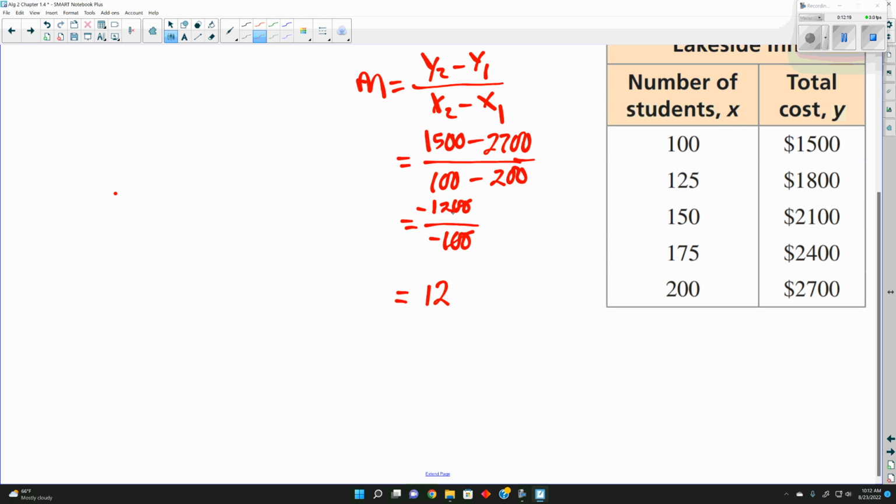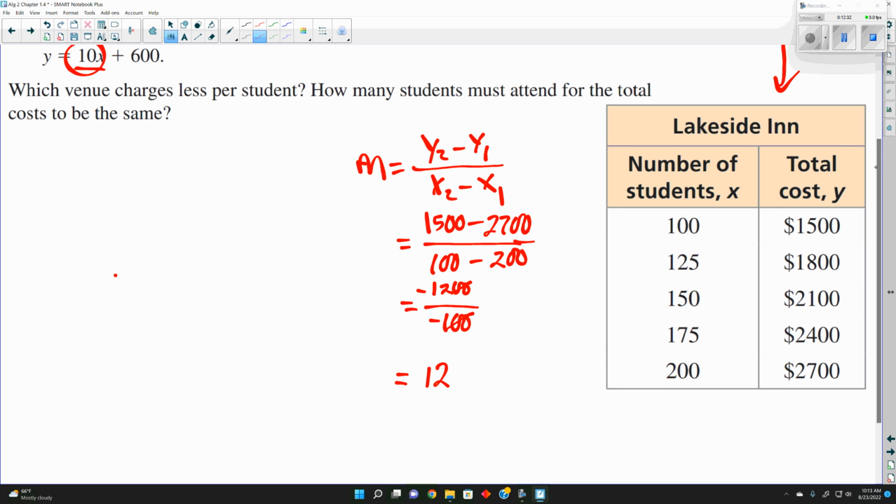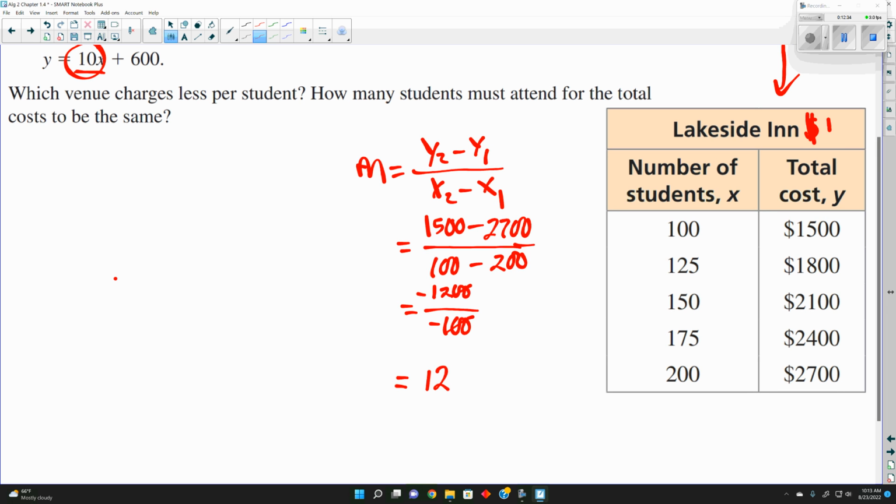Yeah, essentially we're just dropping the zeros. Because how many times does 100 go into 1,200? 12 times. So the cost per student for Lakeside Inn is $12.